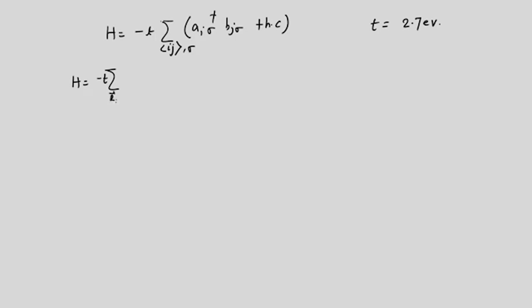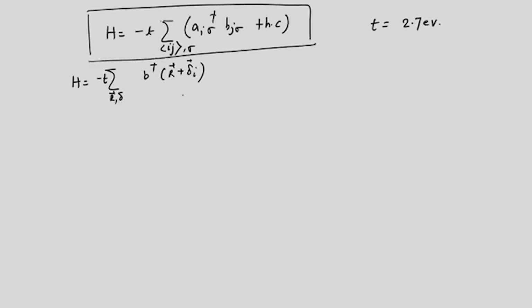So, we write it as R and delta, slightly differently, but they mean the same thing, delta i, where the delta i's are those nearest neighbors. This is a generic form for any tight binding Hamiltonian. Now I am writing it for graphene, so that is why we are using these delta i's, delta 1, delta 2, delta 3, defined earlier.